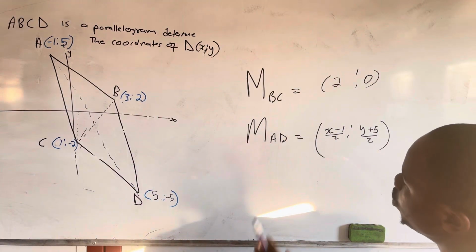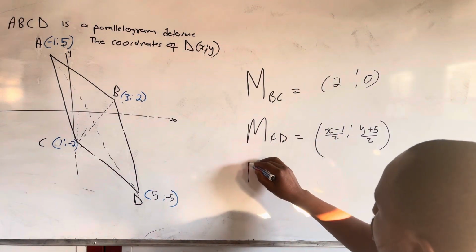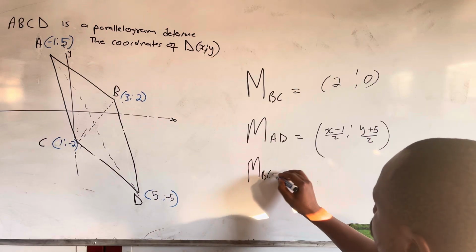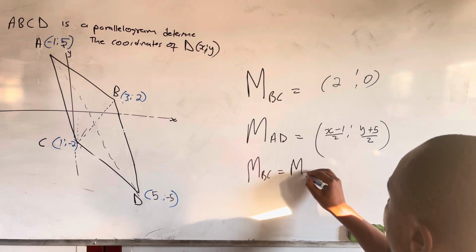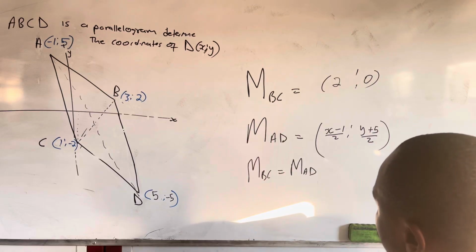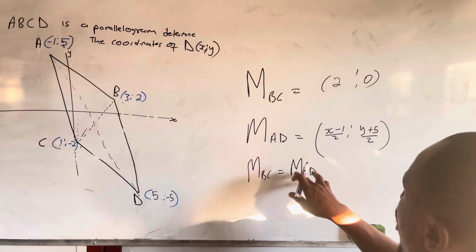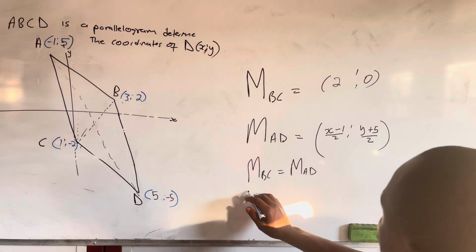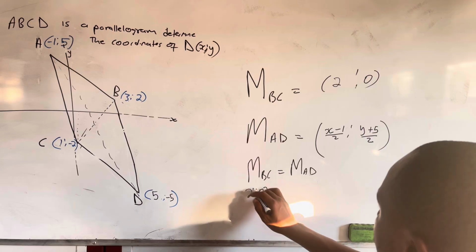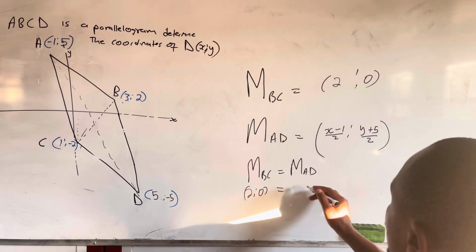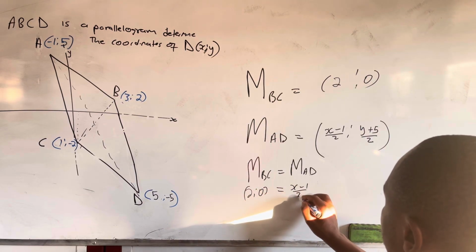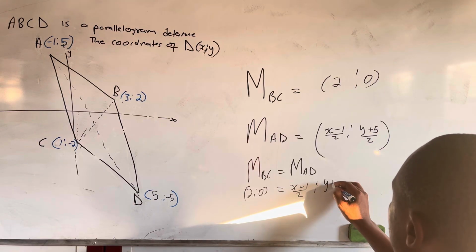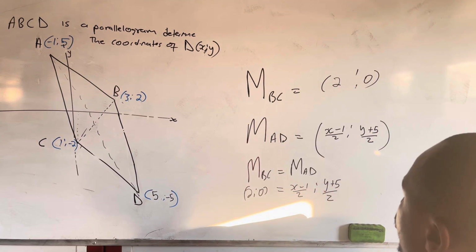So whenever you equate the midpoint of BC to the midpoint of AD, now you can just substitute what you have. You know that this will be 2 and 0, and here it will be x minus 1 divided by 2 and y plus 5 divided by 2, okay?